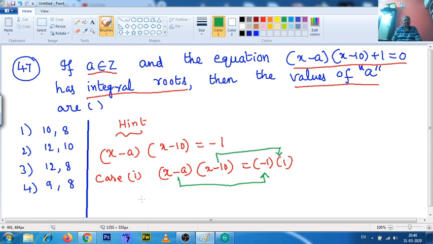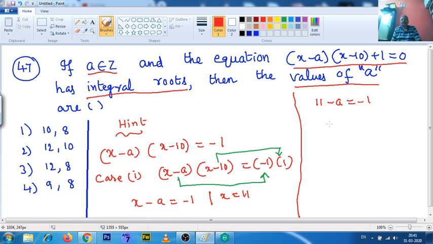So we get x minus a equals minus 1 and x is equal to 11. So 11 minus a equals minus 1. So, a equals 12. Here 12 belongs to integers, yes, accepted, a is equal to 12.